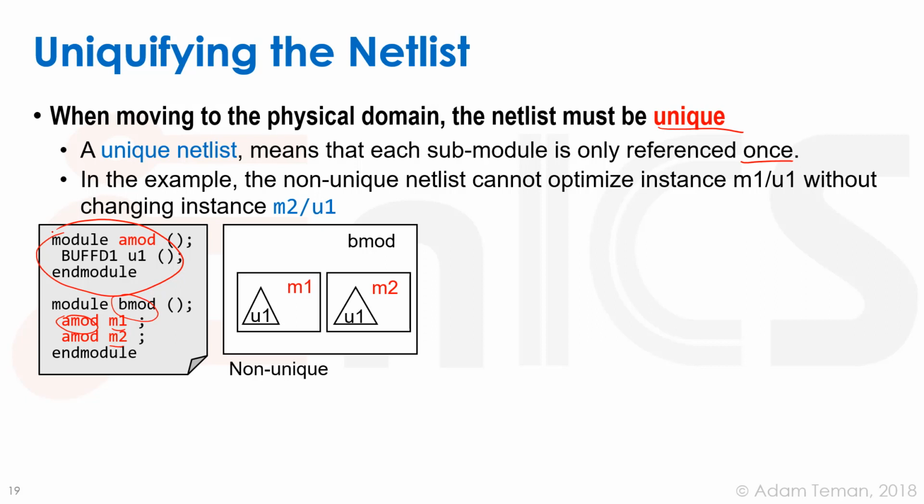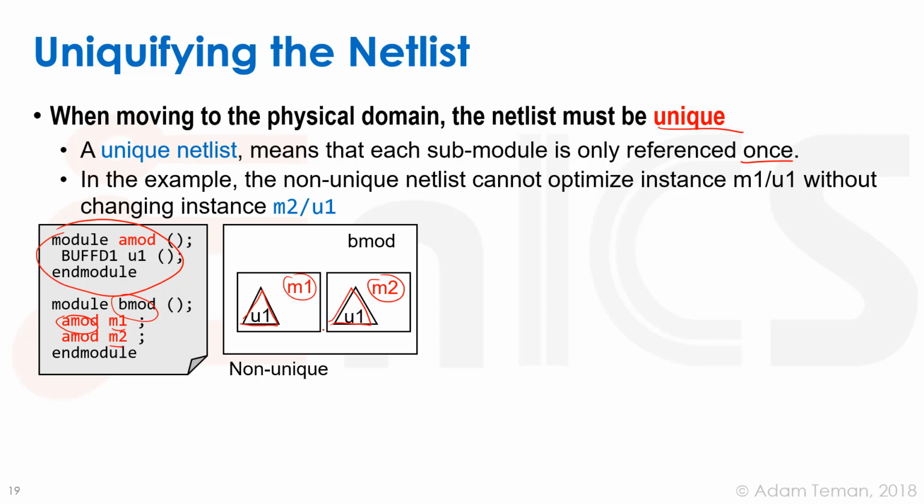And it's really important to write hierarchically because that's how we can use design reuse, make our code more readable, and so forth. What we get here is this B module that we see here, and it has two instantiations of A module. One of them we called M1, one of them we called M2. And since A module just has a buffer called U1, we get this U1 buffer inside each of these modules.